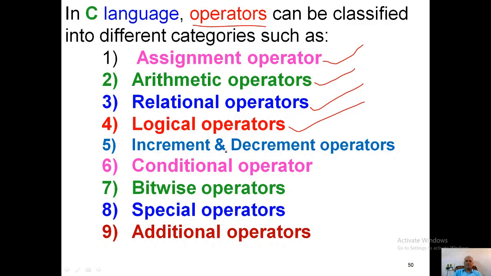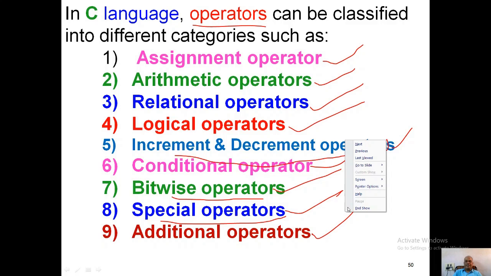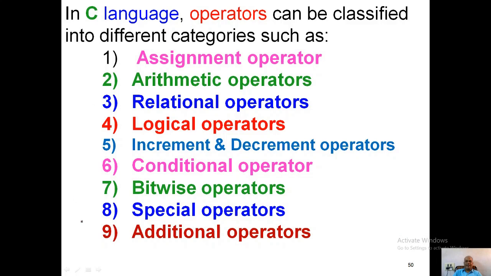Next one is increment and decrement operators. Next one is conditional operators. Next one is bitwise operators. Next one is special operators. Next one is additional operators. So these are the different categories of operators.